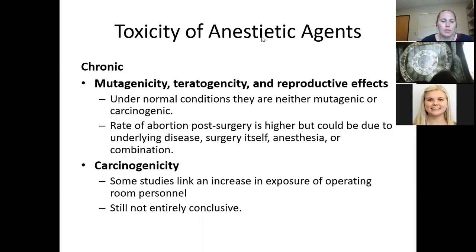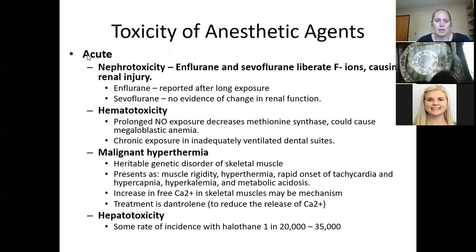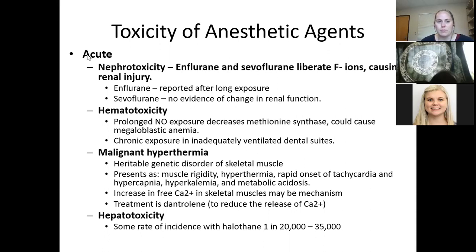And so when we talk about nephrotoxic effects reported after long exposure, it would be the length of the surgery that we're talking about in that case, if your question is in regard to enflurane.